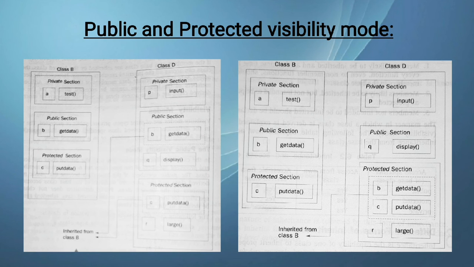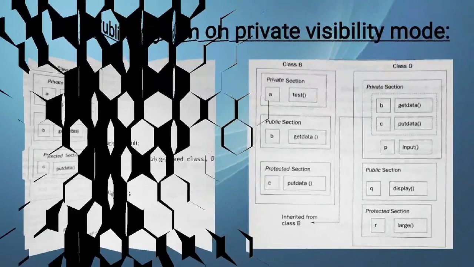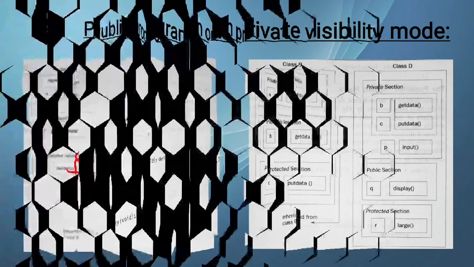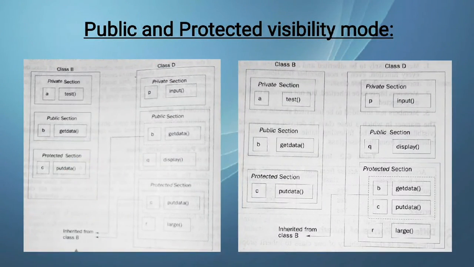So when the base class is inherited as public by the derived class, in case of this one, if instead of private this is written as public, then we get to execute the following statements.